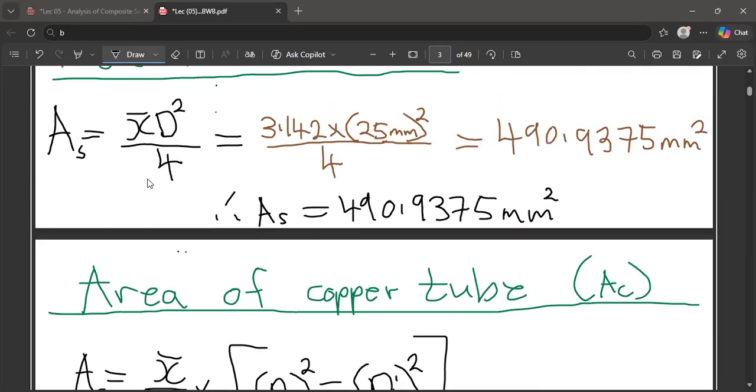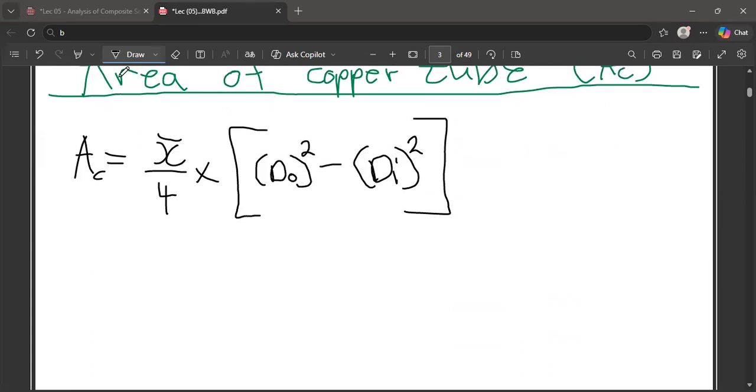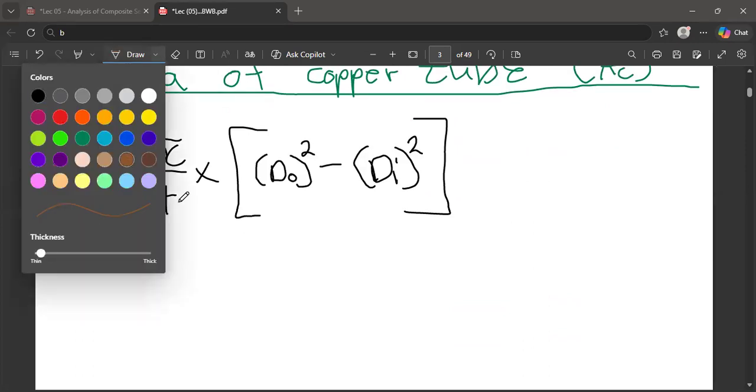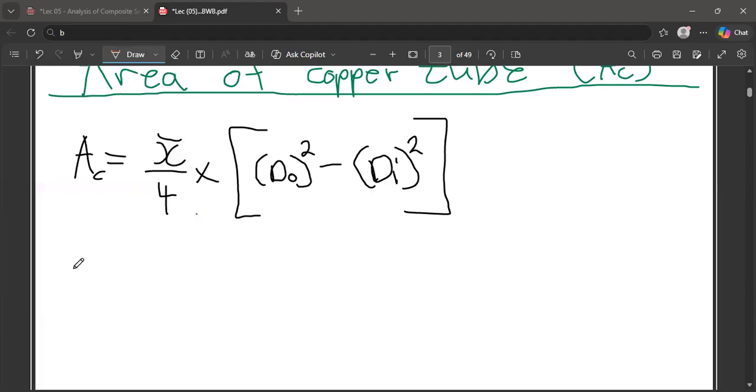So by substitution, let's just substitute our parameters into the equation and see the answer we can derive.